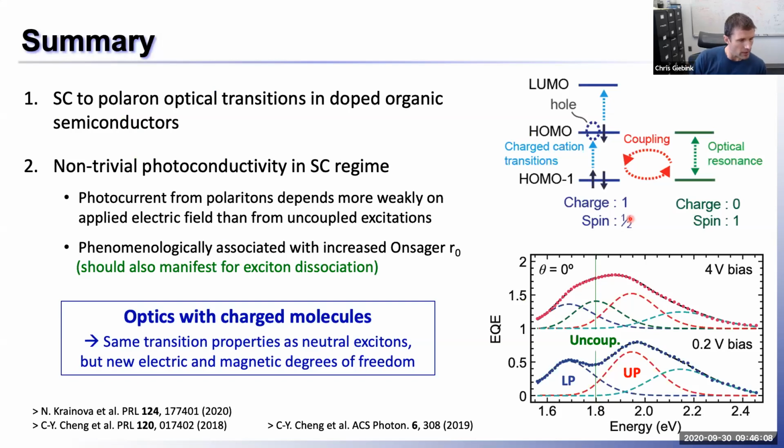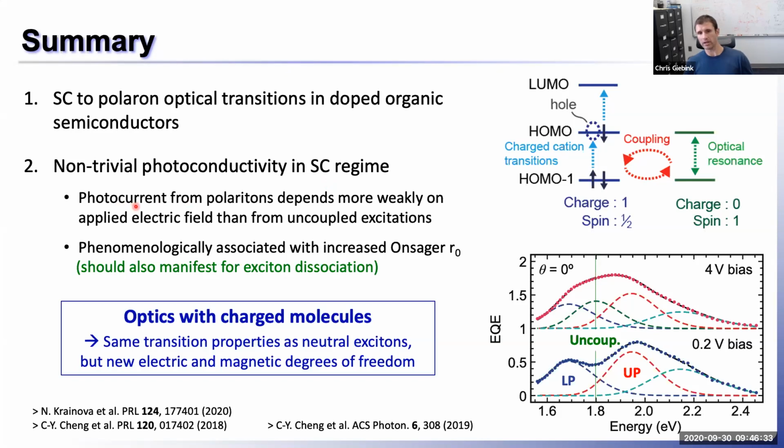So I'm more or less out of time, so we'll end there and just summarize by saying that I've tried to show you that we can strongly couple to polaron optical transitions in heavily doped organic semiconductors. We see that both in reflectivity as well as in photoluminescence. And then also in photoconductivity, we see some non-trivial effects in the strong coupling regime.